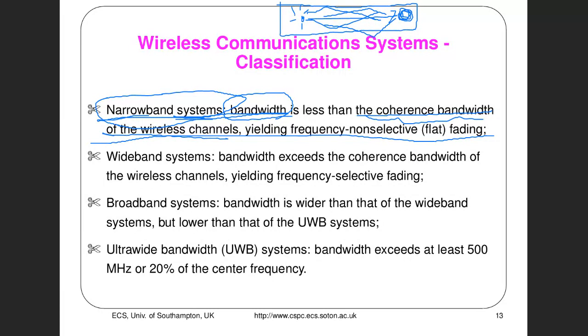So if you receive a Y, and what you transmitted was X, you receive a lot of replicas, and then there will also be noise.